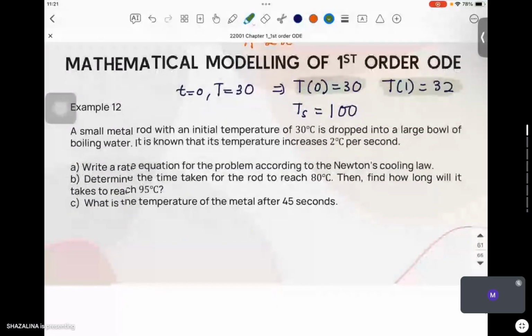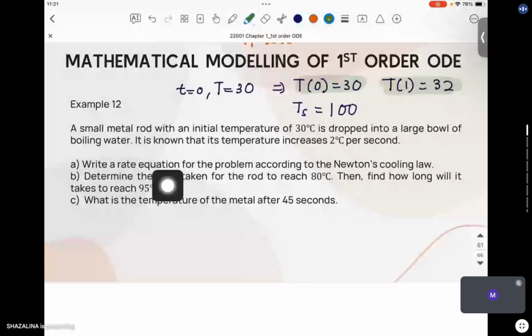Okay. Question: write a rate equation for the problem according to Newton's law of cooling. Okay, rate equation ni apa? Rate equation ni kita ambil sebagai T equals Ts plus A exponent negative kt. So kena gantikan what is Ts, what is A and what is k based on the given information.